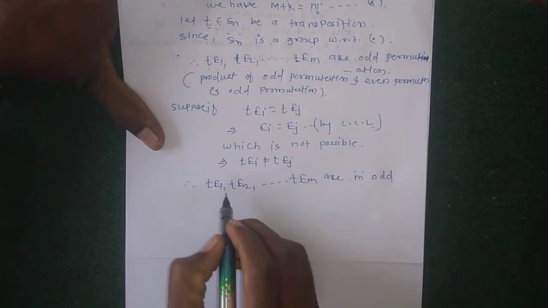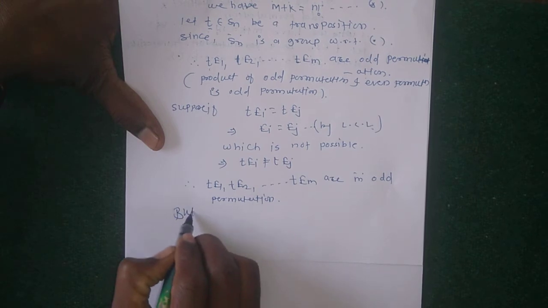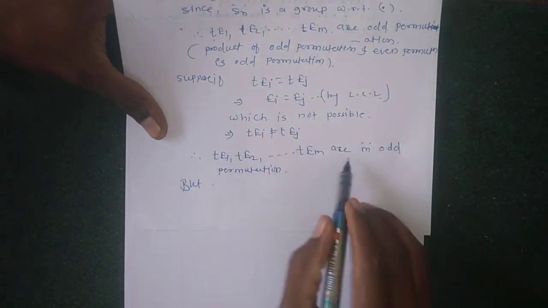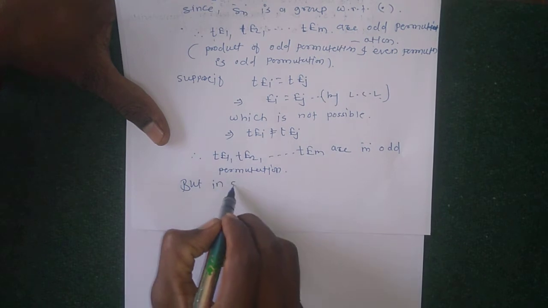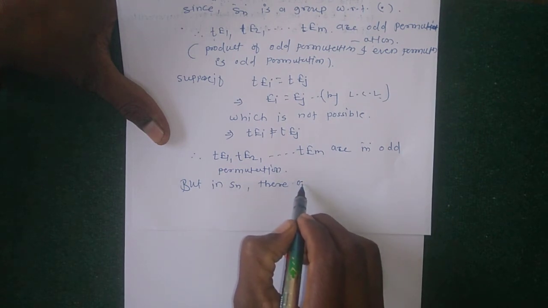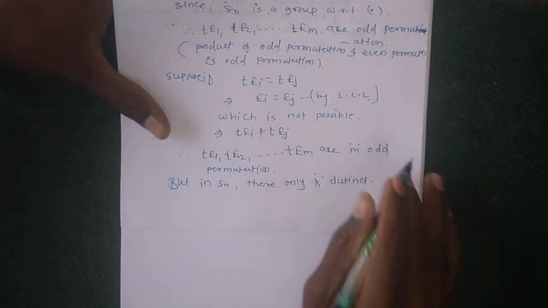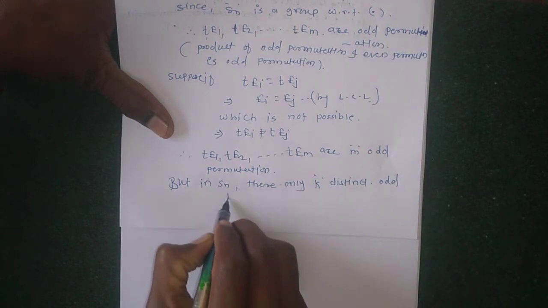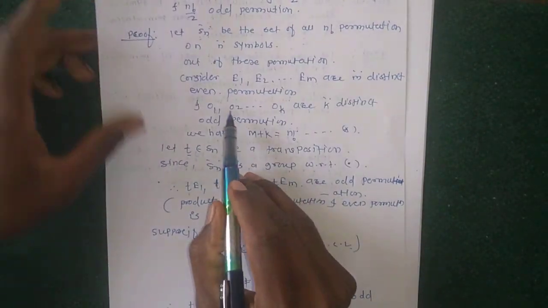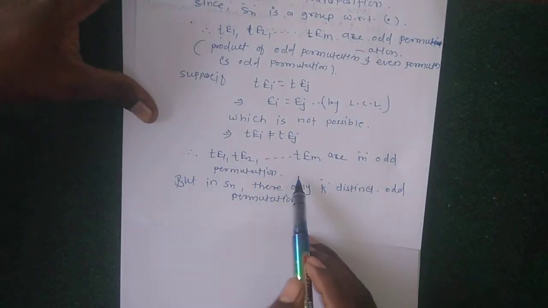This is all m odd permutations, but in SN there are only k distinct odd permutations. This implies that in SN we can choose only k distinct odd permutations, and here there also exist m distinct odd permutations.